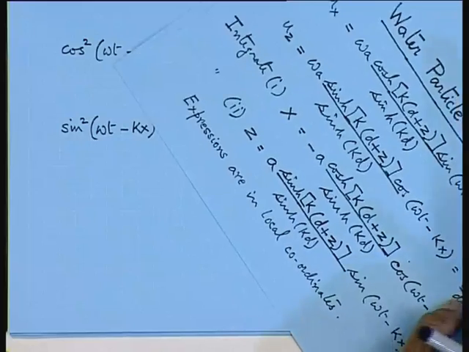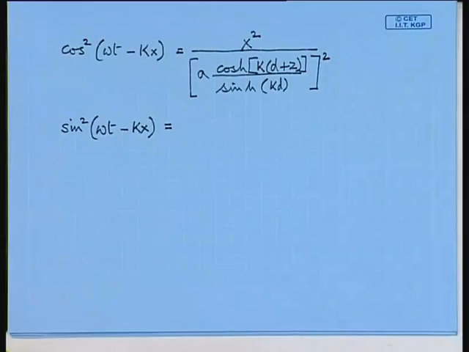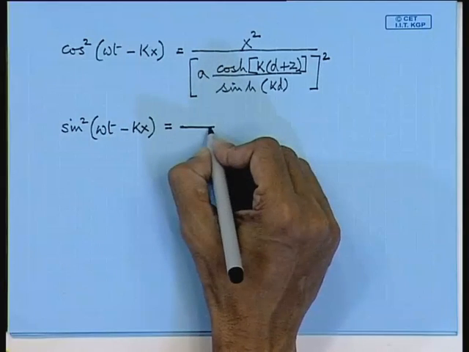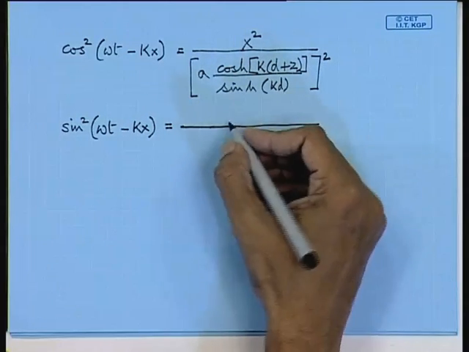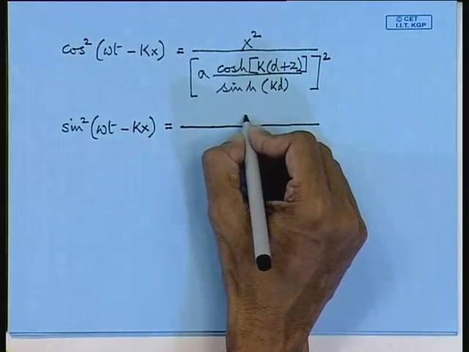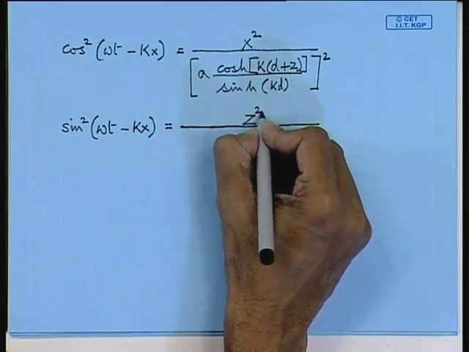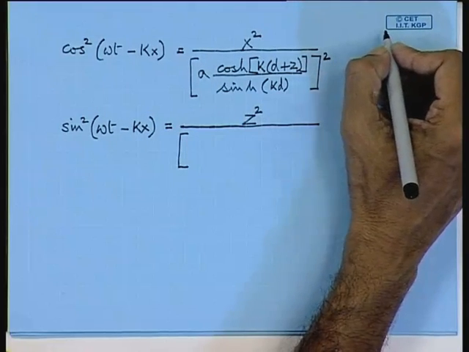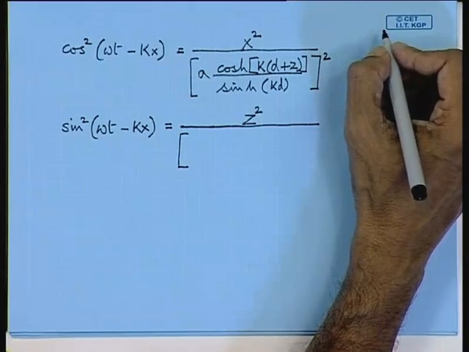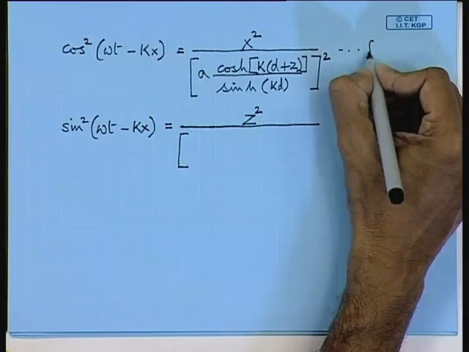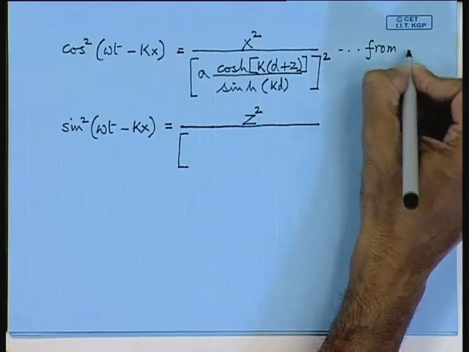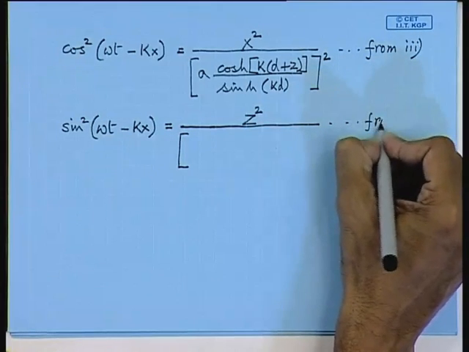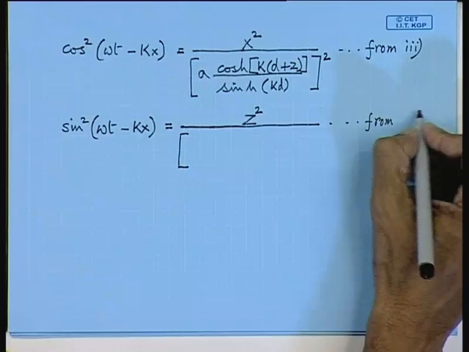The first one we have found out has x square in the numerator, and the second one will have z square in the numerator. So, now you can guess what the particle path is. The cos square we are getting from 3, so you write from 3, and this expression is from 4.